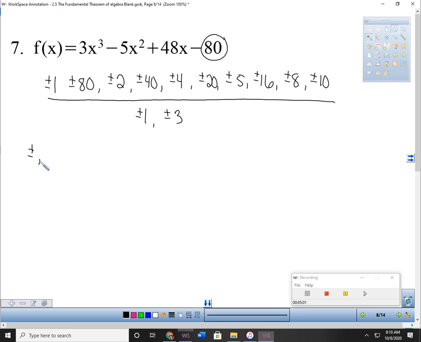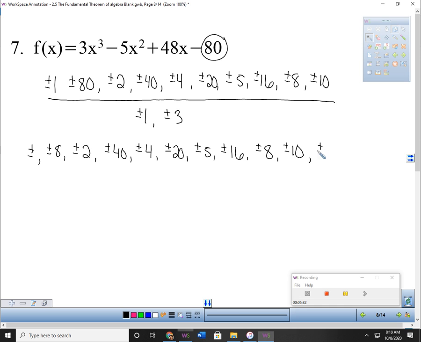So 1, 80, 2, 40, 4, 20, 5, 16, 8, and 10. Then I have to go through and divide all of those numbers by 3.